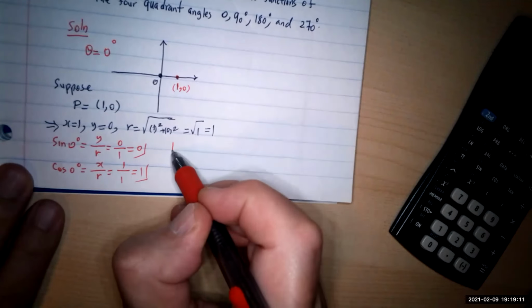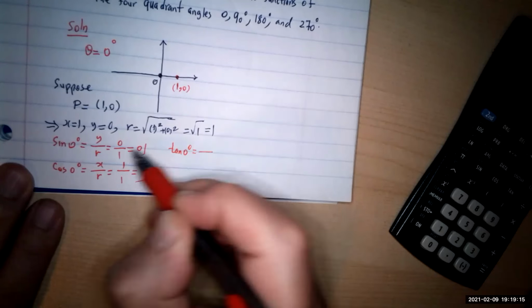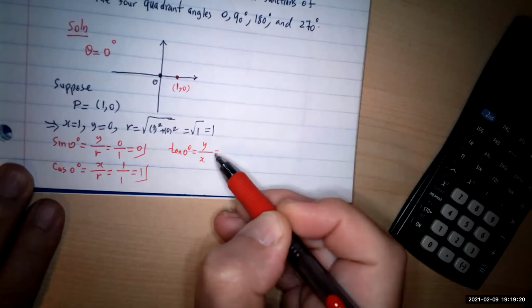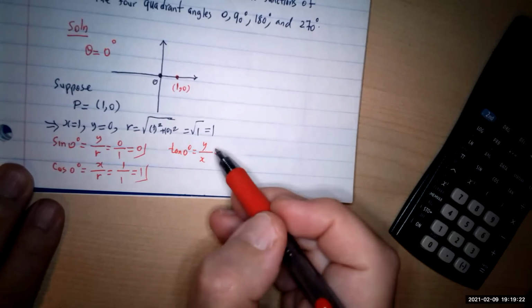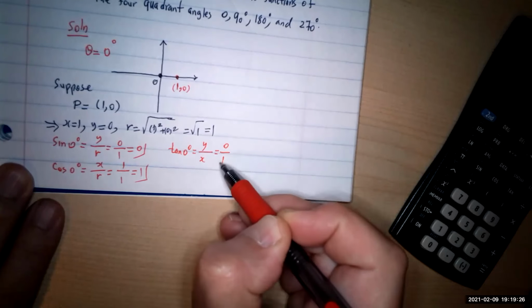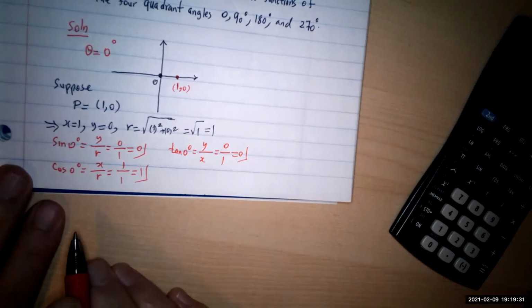The tangent of 0 is y over x, and y is equal to 0 and x is equal to 1. So that gives 0. The tangent of 0 is 0.